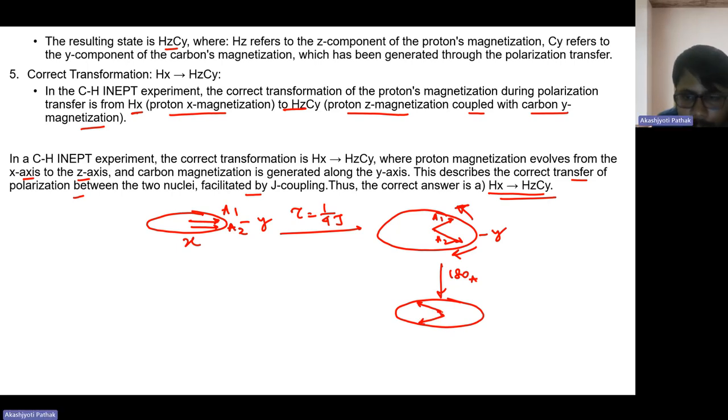This will be A1, this will be A2. Upon the application of this pulse, and then they start moving toward each other.